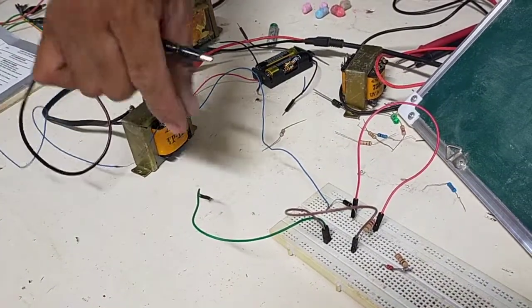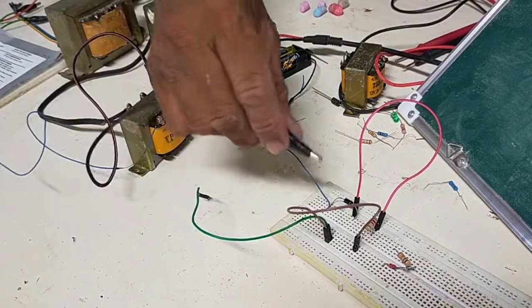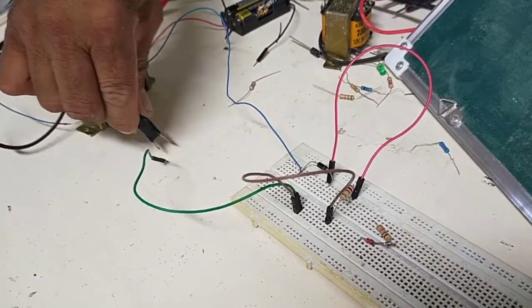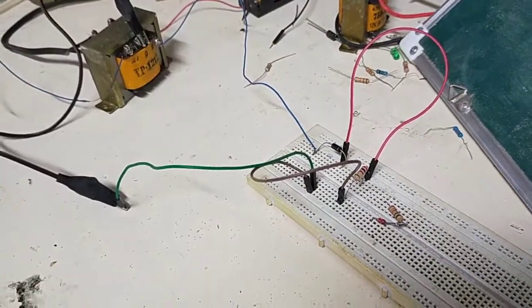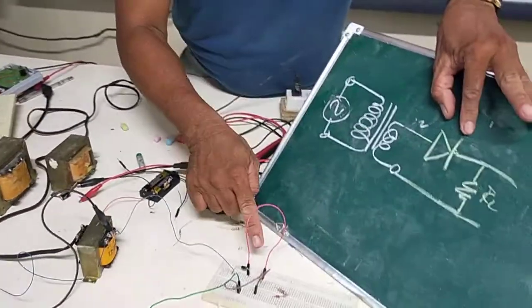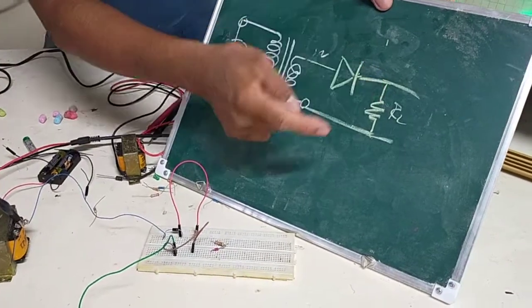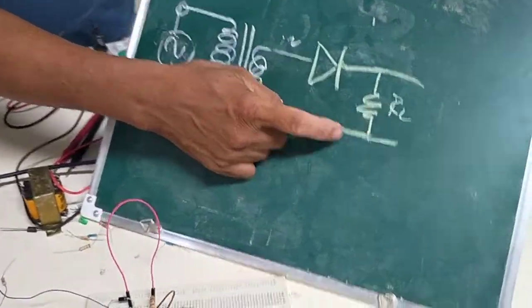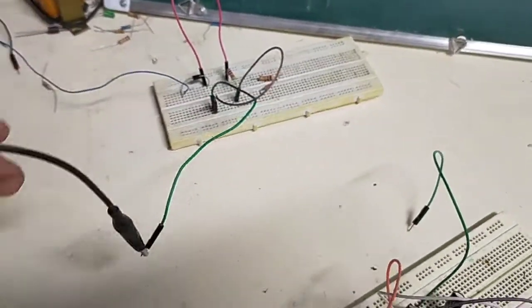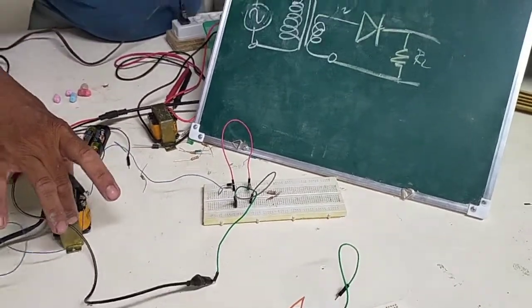This should be connected to here. The cathode is connected to one of the terminals of the resistor. Then the other terminal of the resistor is connected to this secondary winding of the transformer.